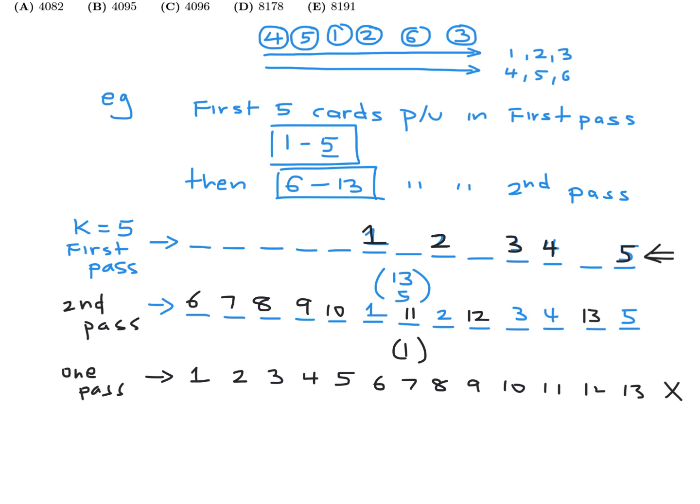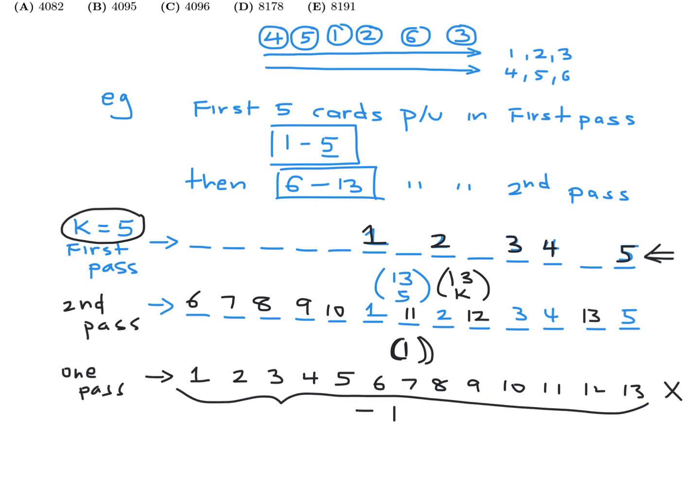You got it? So similarly, for all values of k, it would be 13 choose k up here. Okay, and then you'd have just one way of doing it down there, and then you have to subtract this scenario, because this scenario would give you 1 pass. All right, so let's do that.